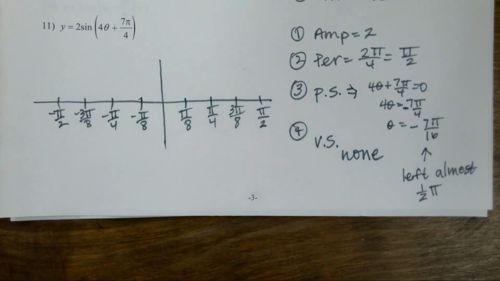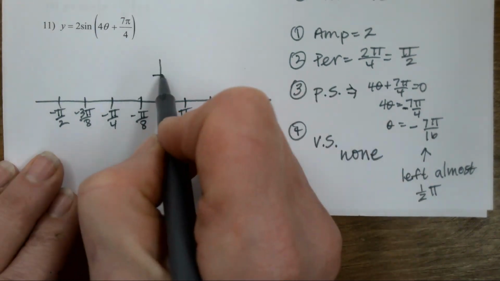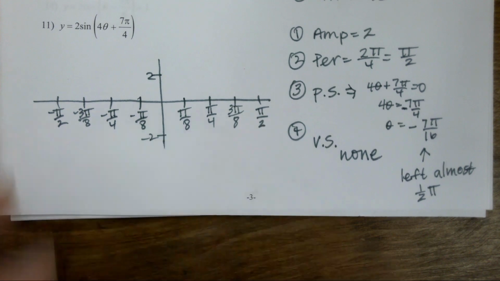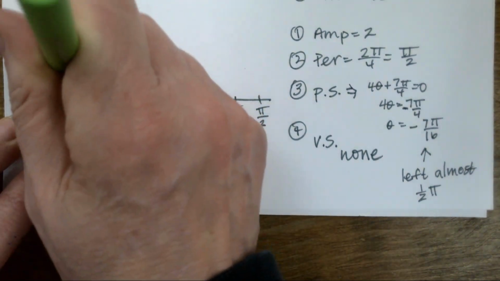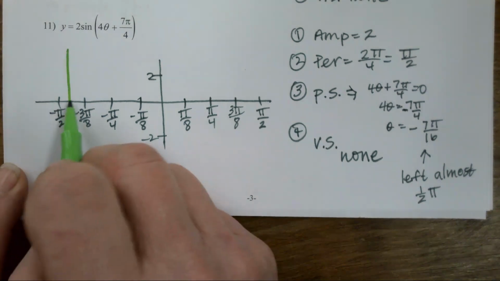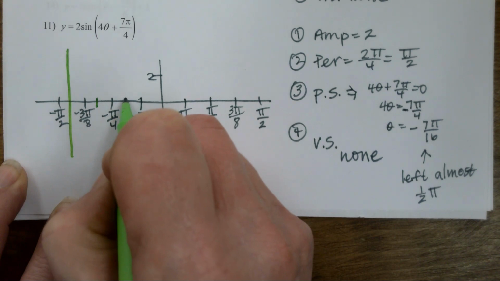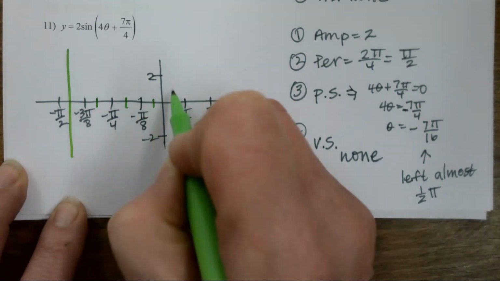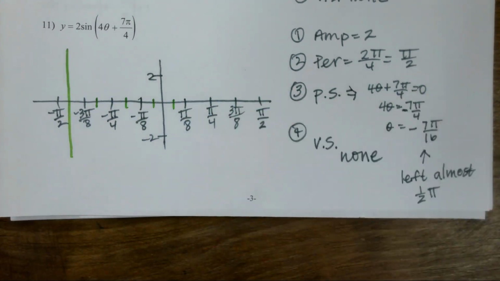And I go ahead and put my amplitude on here. And this is my shift. So again, I have my new shifted axis starting between negative pi over 2 and negative 3 pi over 8. And so all of my tick marks that I'm going to use to graph are going to be in between each of the originals.